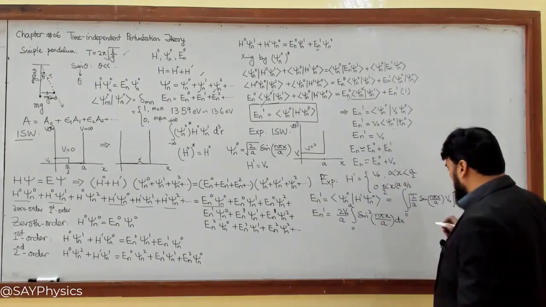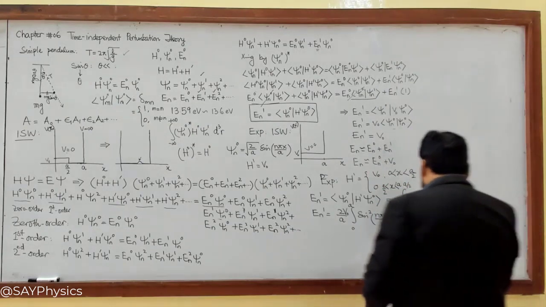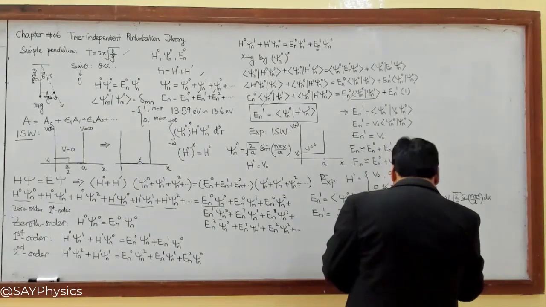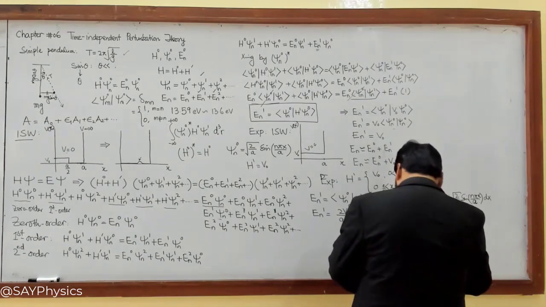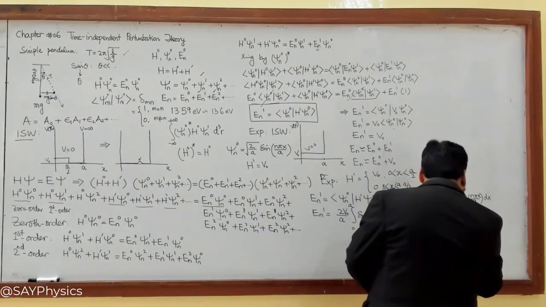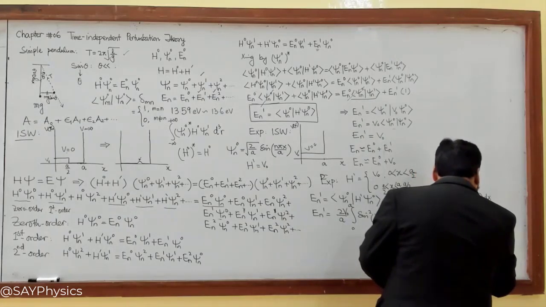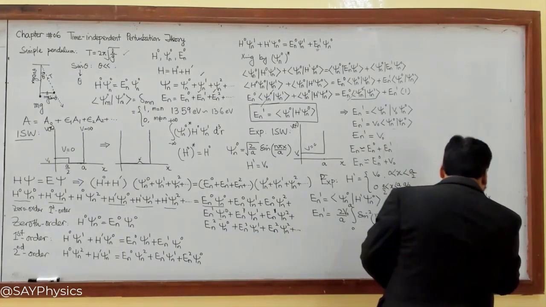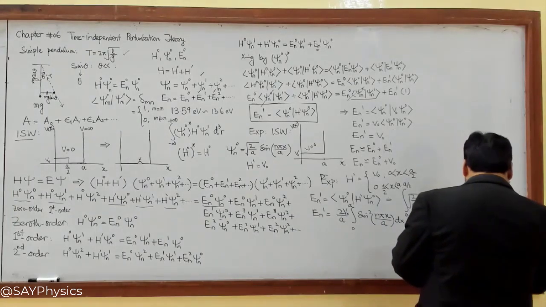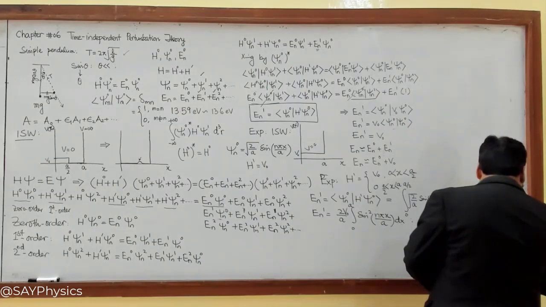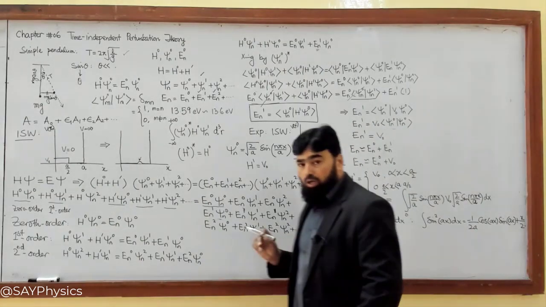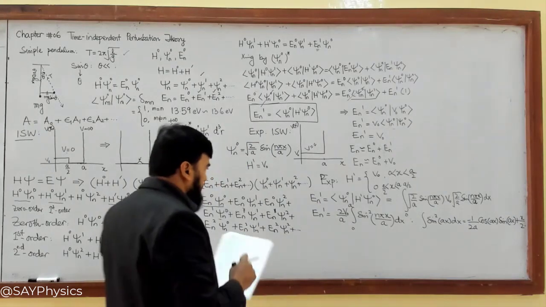Now I will have to solve this one, and to solve this one, there is a formula. You can note this one. Integral sine square of ax dx is equal to minus 1 over 2a cos of ax sine of ax plus x over 2. This is a formula that you can apply on this one.